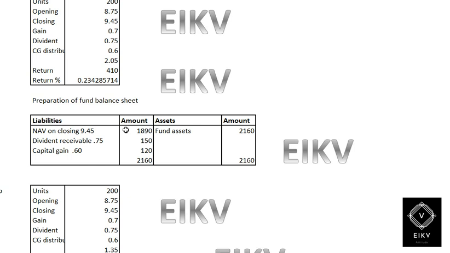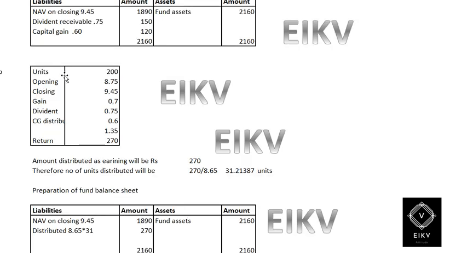Liabilities: NAV, which is 9.45, and 9.45 into 200 will give you 1890. And we have dividend payable, which is 0.75 into 200, which is 150, and capital gain is 0.6 into 200 will give you 120. Then we have the fund asset as 2160, total fund asset.